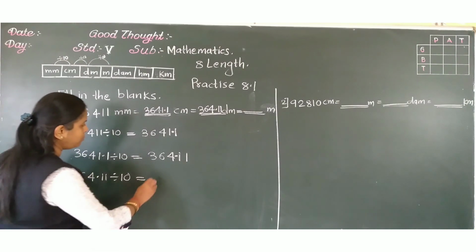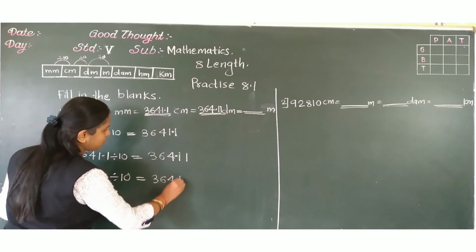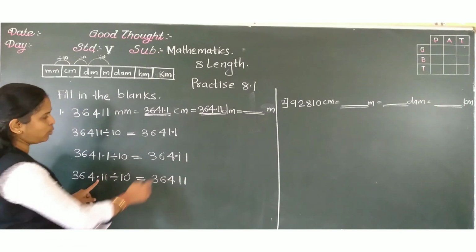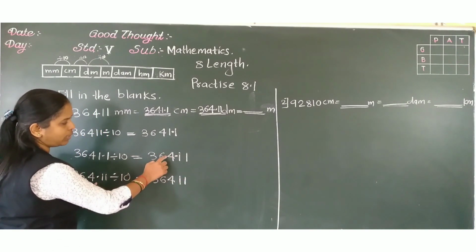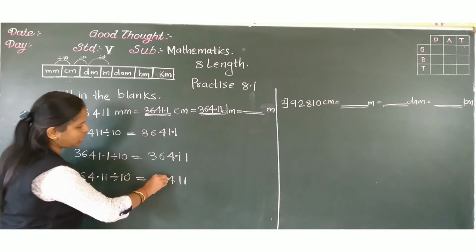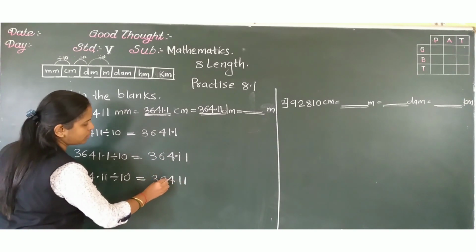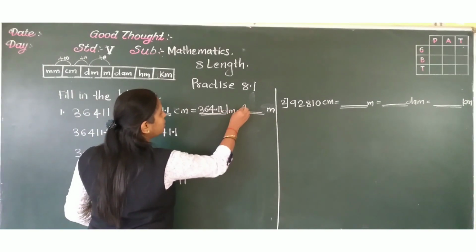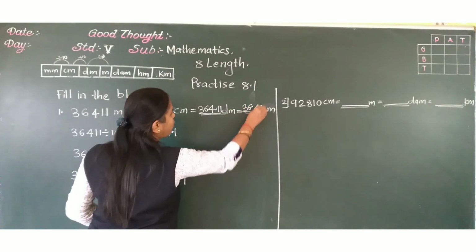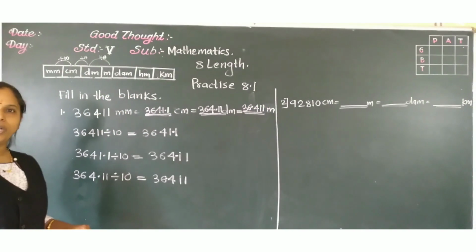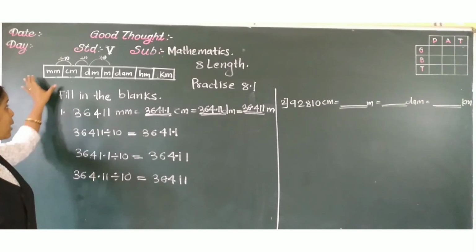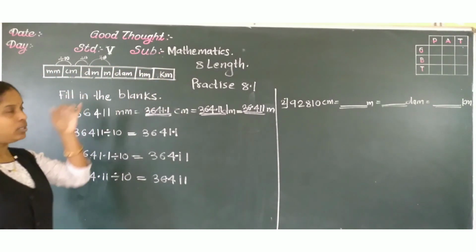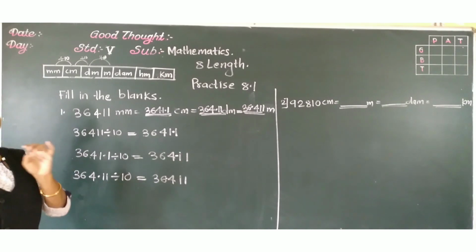Where will it come? See here. Earlier it was here, no? So again by one digit it shifts here. The answer is 36.411. Followed?